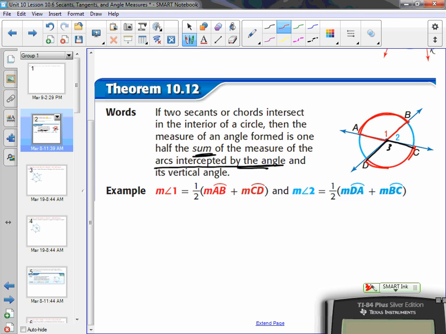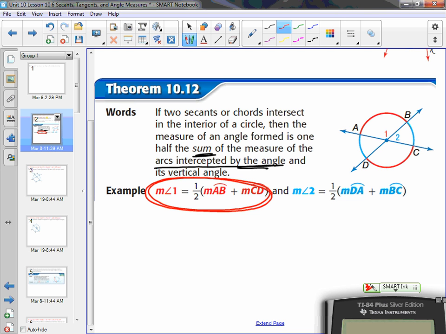Okay? Now, they drew this so that angle 1 and angle 3 are central angles, and I wish they hadn't. They don't have to be central angles. So what we're going to have to remember is this. Not necessarily as a formula, but remember it as: the measure of the angle formed when two secants intersect inside a circle equals half the sum of the intercepted arcs.